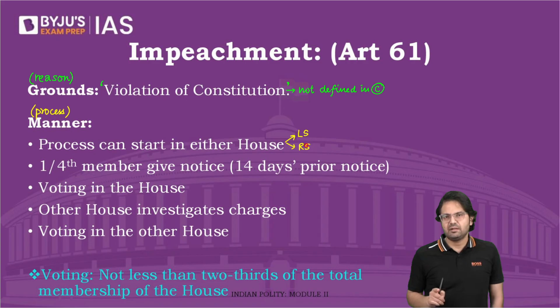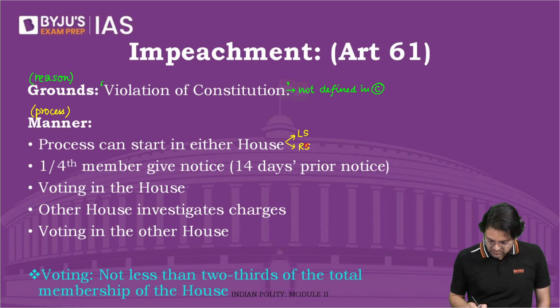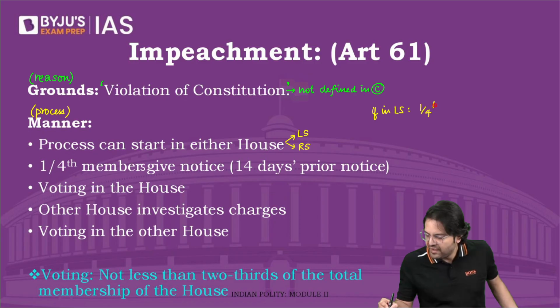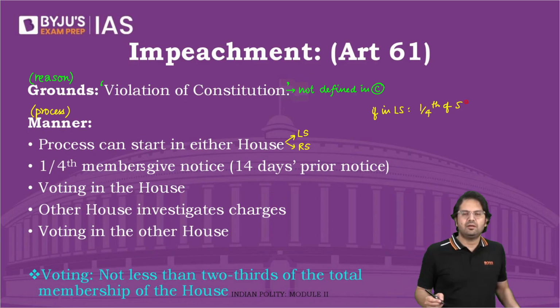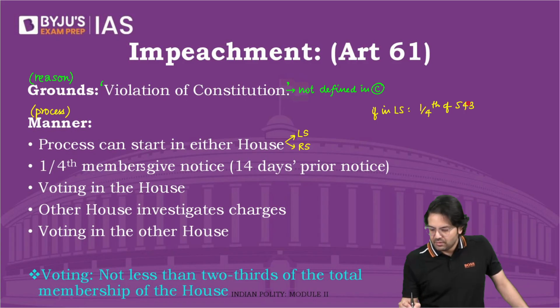The only condition is that at least 1/4 members have to give a notice. Meaning, if in Lok Sabha, then 1/4 of 543 people together have to say to the presiding officer that, sir, madam, we want to remove the president, impeach the president.